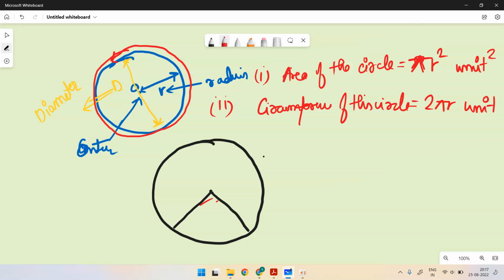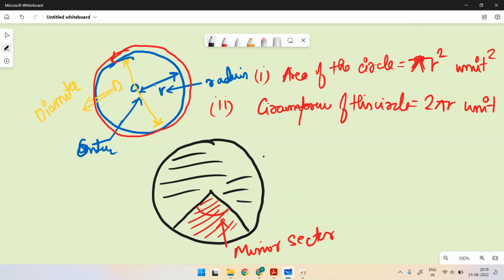This is the minor sector, minor means small, and this is the major sector.